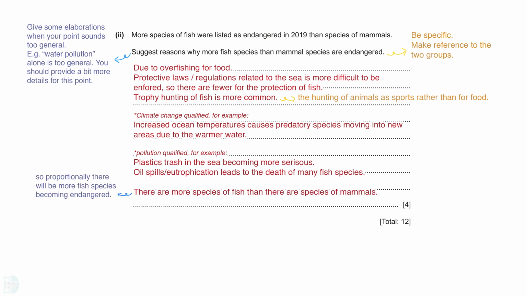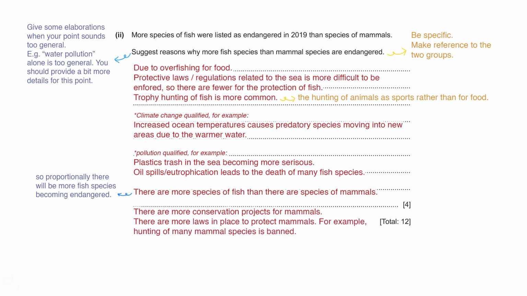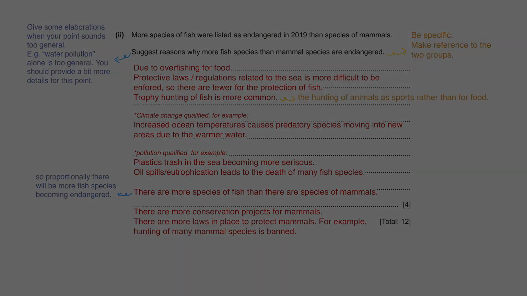There are more species of fish than there are species of mammals, so proportionally, there will be more fish species become endangered. In general, there are more conservation projects for mammals, so they are less susceptible to becoming endangered. Lastly, there are more laws in place banning hunting to protect mammals.